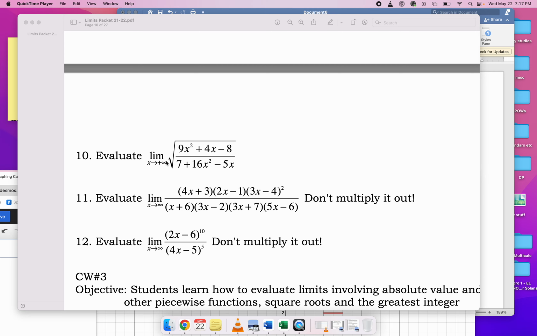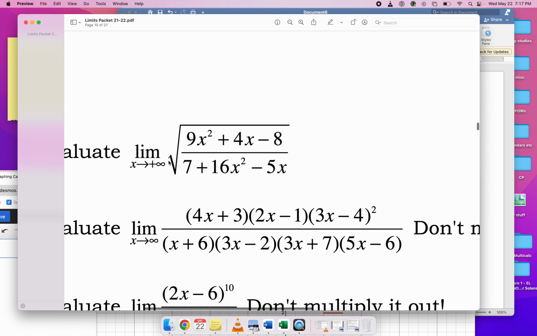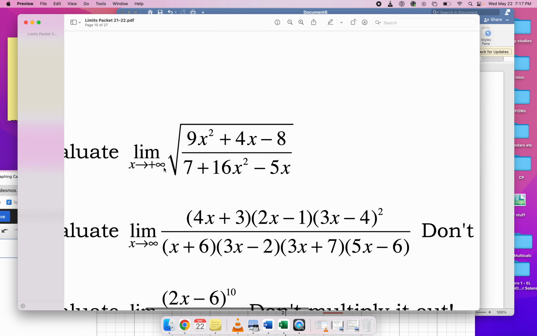This one here, number 10, just like always when you're evaluating limits as x goes to infinity, you're supposed to be considering the fastest growing term in the numerator and the fastest growing term in the denominator, which would be the quadratic terms. Now, there is a square root over the entire fraction. That doesn't really matter.